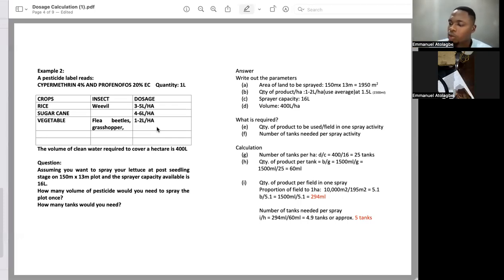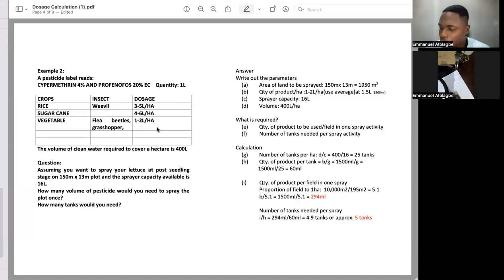So that's 60 ml. 60 ml times 25 should give you the amount required to spray the open field all at once.